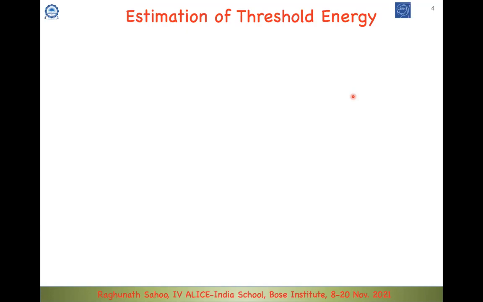So assuming a few things that you are accustomed with by now, let me go to estimation of threshold energy. And I can strongly demand, if you follow the recipe I am going to put up, irrespective of your specialization in MSc, you can solve any kinematic problems. And I have tried to do it as simply as possible. And I have also a couple of examples so that you are not lost.